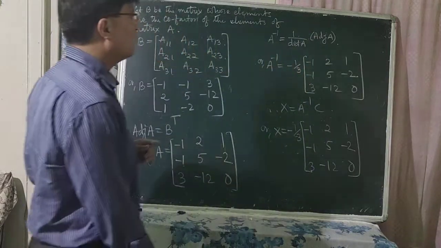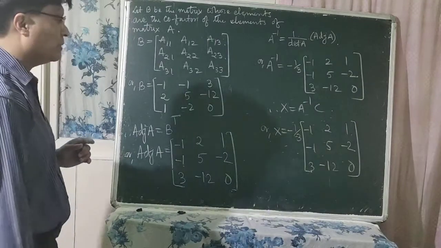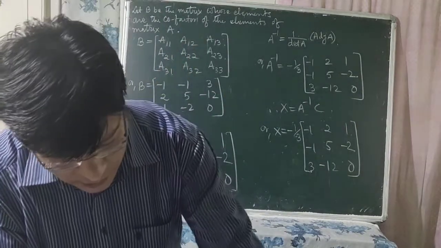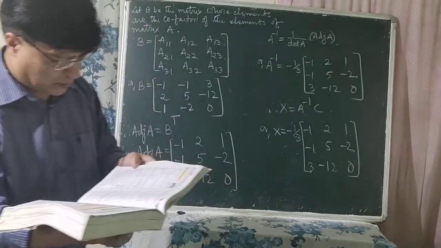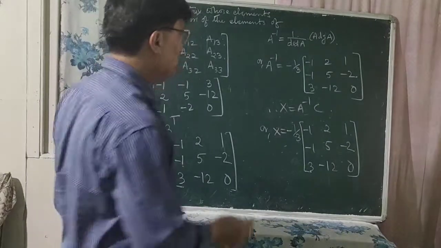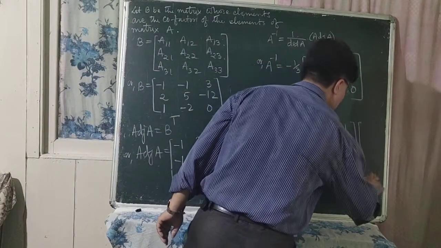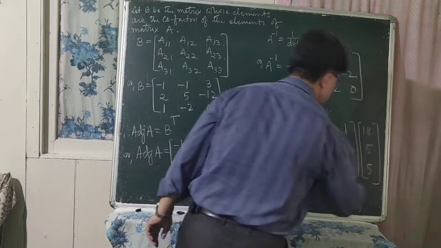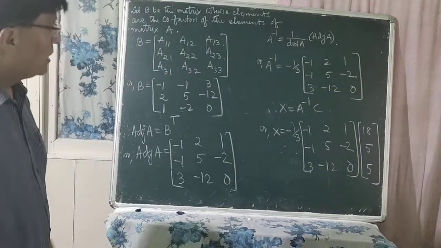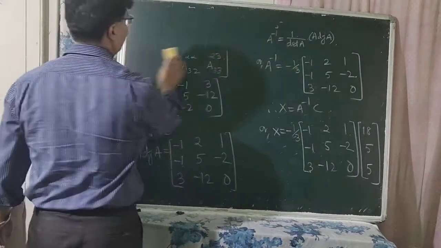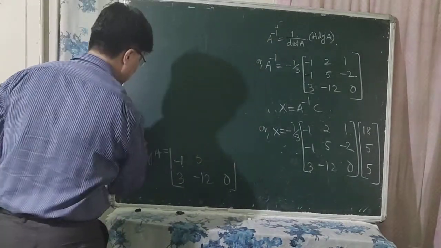Right? And now we have to write down the column matrix C. Column matrix C is 18 5 5. The constant matrix was 18 5 5. So now you have to solve it and get the individual values of X, Y and Z.